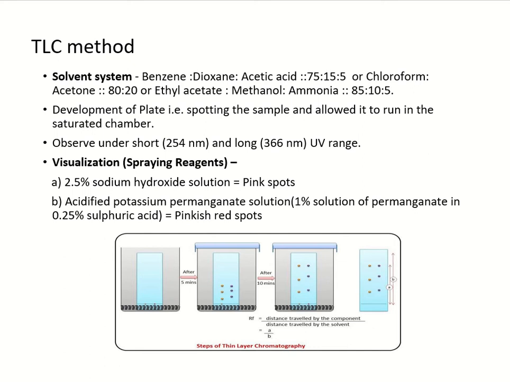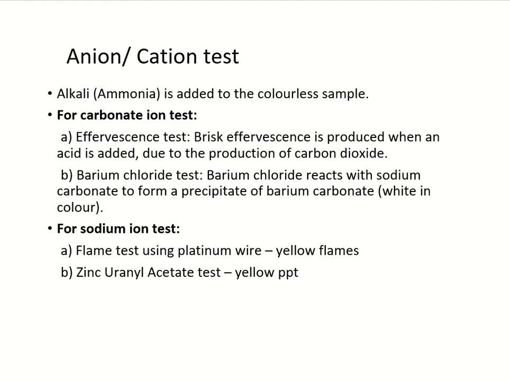The visualization or spraying reagents are 2.5% sodium hydroxide solution, which gives pink spots as phenolphthalein reacts with the base, and acidified potassium permanganate solution, that is a 1% solution of permanganate in 0.25% sulfuric acid, which gives pinkish red spots.